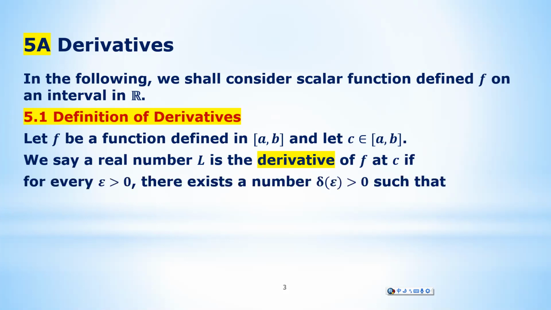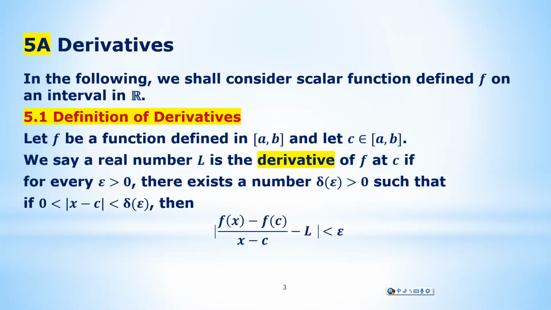It means the following statement is true: for every epsilon greater than 0, there is a delta, depending on epsilon, such that if x is sufficiently close to c, with x not equal to c but within delta distance, then the ratio (f(x) minus f(c)) divided by (x minus c), minus L, has absolute value less than epsilon. If this condition is satisfied, we say that L is the derivative of f at c.